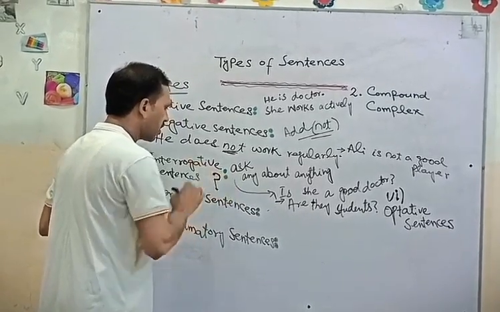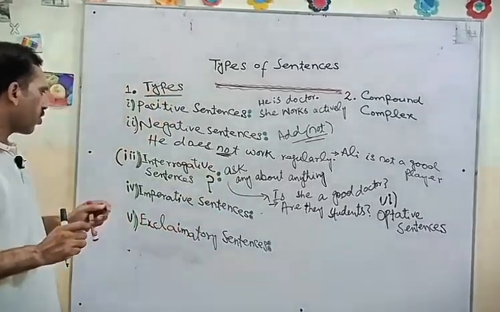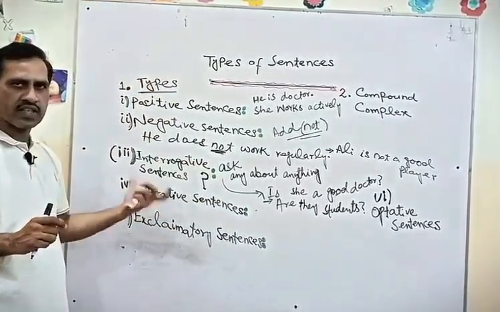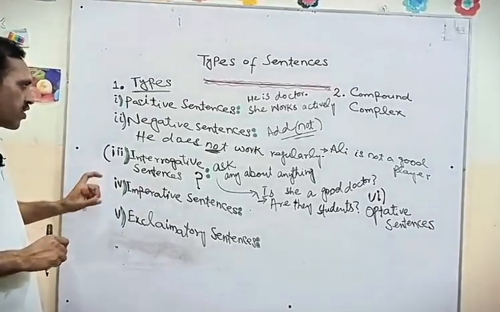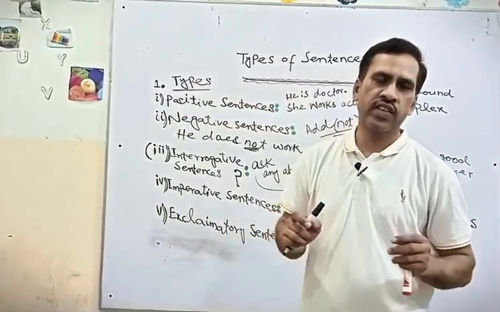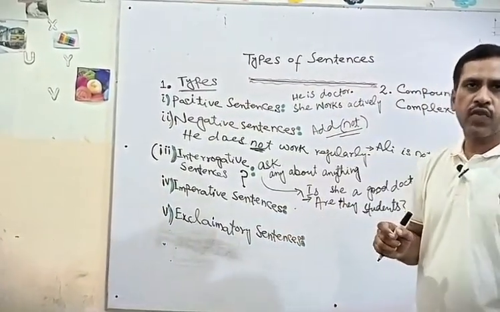The next type of sentences is imperative sentences. Imperative sentences are those sentences which always start from the first form of a verb.